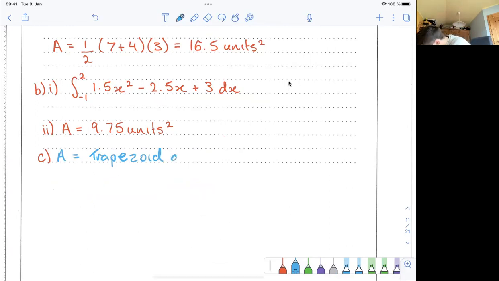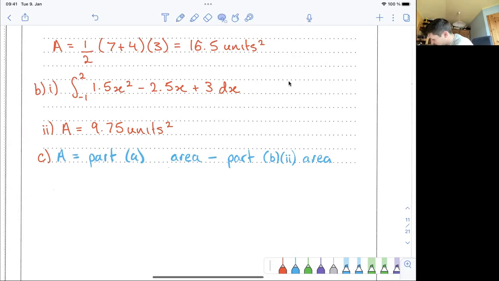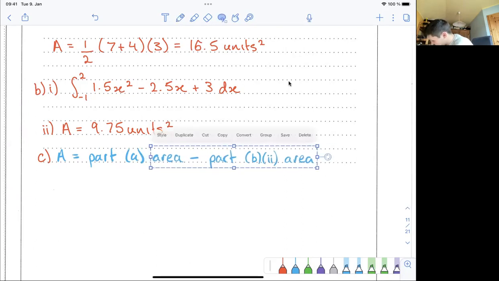So trapezoid area, subtract part BII area. And in fact, how about we change trapezoid area to being just part A area? Cool, let's write that in. Part A area. Sweet, and then that would give us our answer.